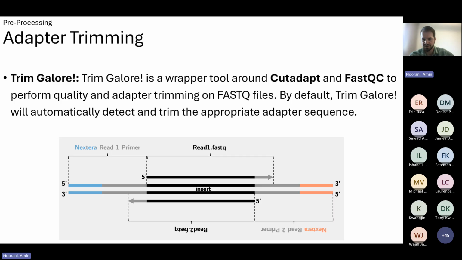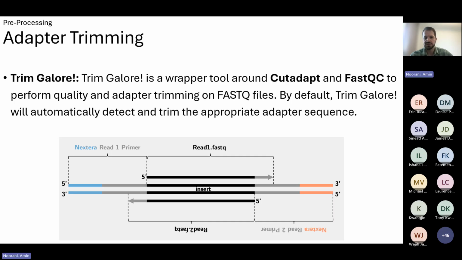It removes the adapter sequences from the end of the reads and also trims low quality bases at the 3' ends, as we talked about. That's where the Illumina quality tends to drop off, right? After trimming, it automatically runs FastQC, so you don't have to do anything. It runs FastQC again, so you can confirm the adapters are gone and quality has improved.